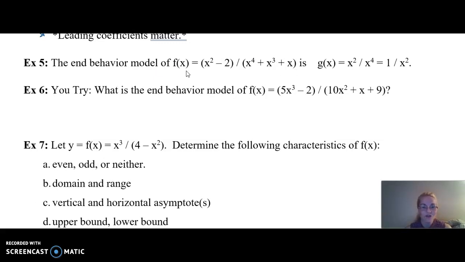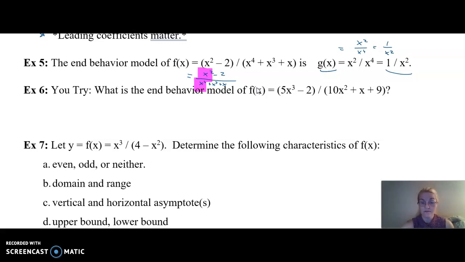The end behavior of this rational function, x squared minus 2 all over x to the fourth plus x cubed plus x, similar to your polynomials, you're going to want to grab the leading term in the numerator and the leading term in the denominator, and let that be your g of x. So g of x is going to equal x squared over x to the fourth, and that just simplifies to 1 over x squared. So that's our end behavior function.